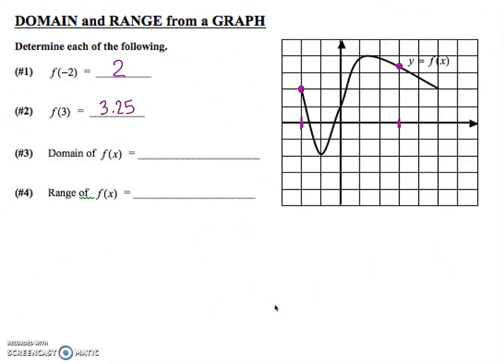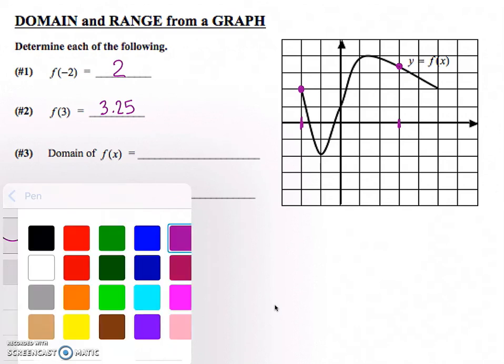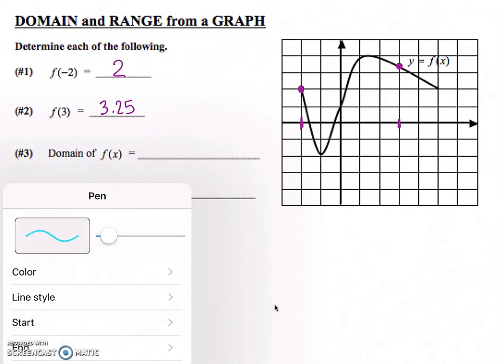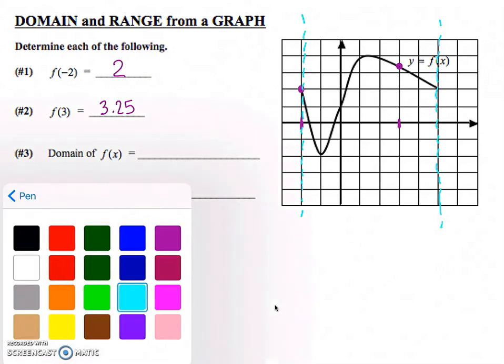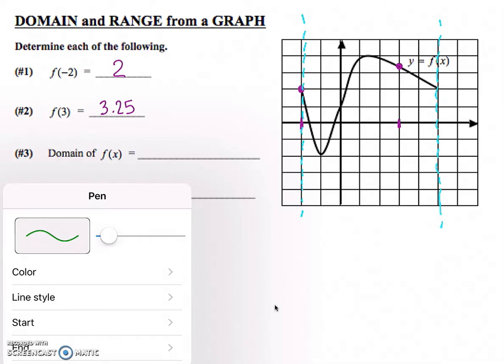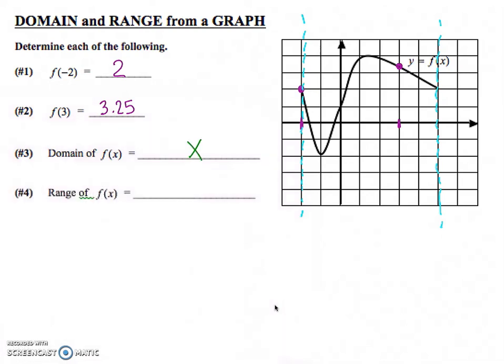And then the domain of f of x is, where does this graph live along the x-axis? So again, we need to look at the big picture here. Along the x-axis, my graph is living between here and here. So if we are going to write that as an inequality, x is in the middle, and it looks like there's a closed circle on that point, and that is the value x is negative 2.